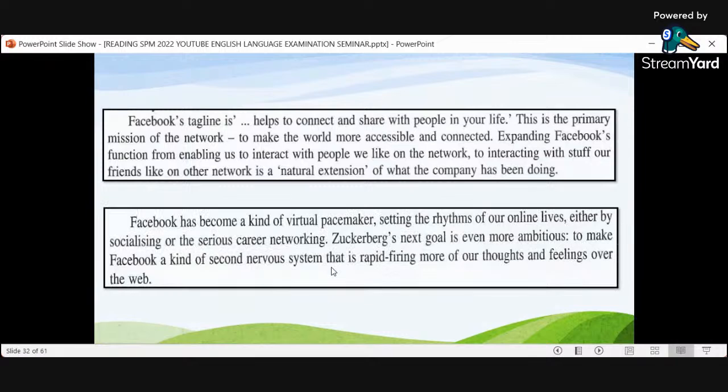So, sorry, Facebook tagline is help to connect and share with people. And Facebook has become a kind of virtual pacemaker, setting the rhythms of our online lives, either by socializing or the serious career networking. So it's a lot of talking about benefits of Facebook, how it has impacted people's life and what you can use it for. So I just read that and I get an idea.